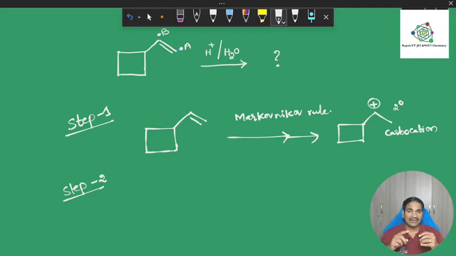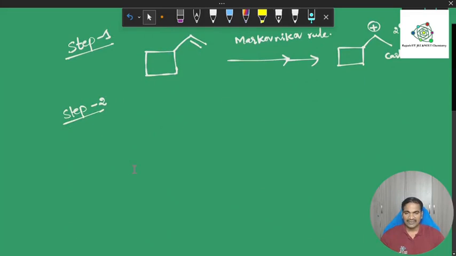Only these two are generally possible in these conditions. This ring expansion is possible when the ring is attached to a positively charged carbon, that means a carbocation. So when the adjacent carbon is a positively charged carbon atom, the ring will be expanded. Now we have to focus more on this concept. I am taking the reactant where that second degree carbocation is formed.